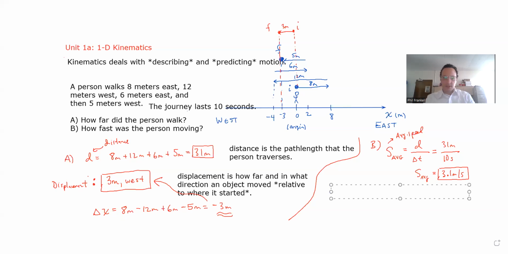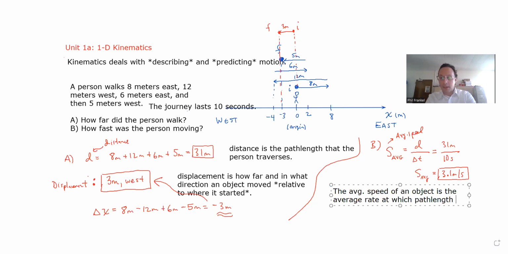Okay. So what is this saying? Well, the average speed of an object is the average rate at which path length was traversed. It's computed by looking at the distance traveled. So the object traveled a distance of 31 meters, zigzagging back and forth, in 10 seconds of time.